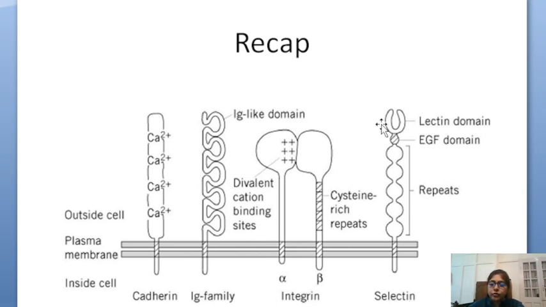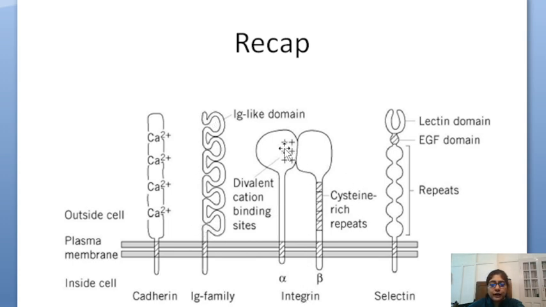All of them have 3 different domains: extracellular domain, transmembrane domain, and cytoplasmic domain. And all 4 classes have different extracellular domains. Cadherin has a calcium binding site in its extracellular domain. The IG superfamily has a long extracellular domain with disulfide bonds, and this looks like immunoglobulin.